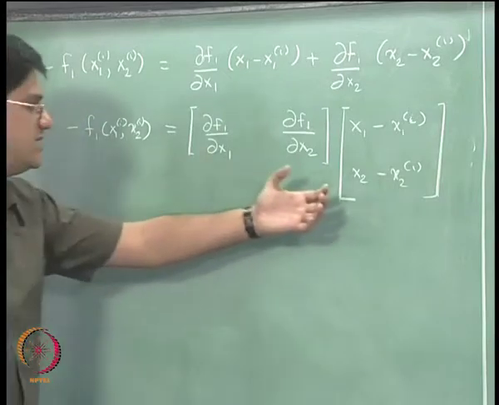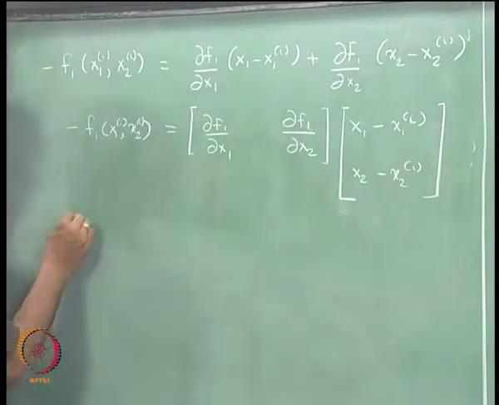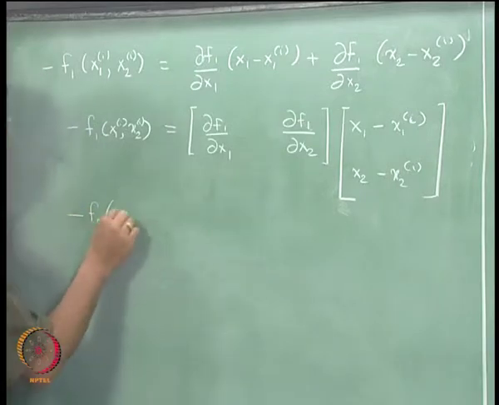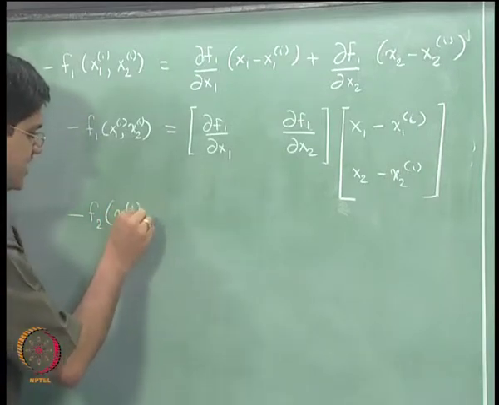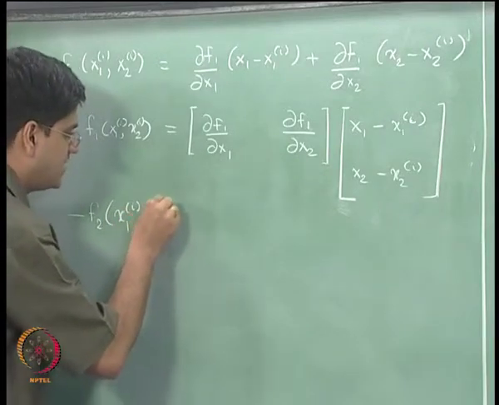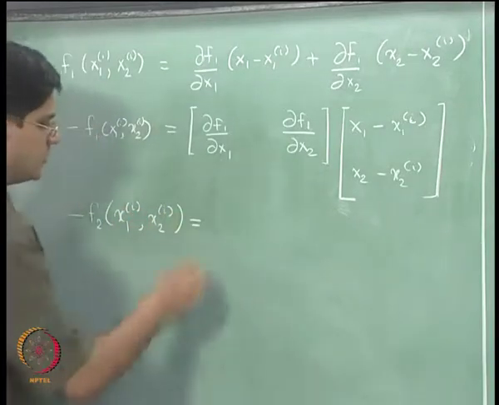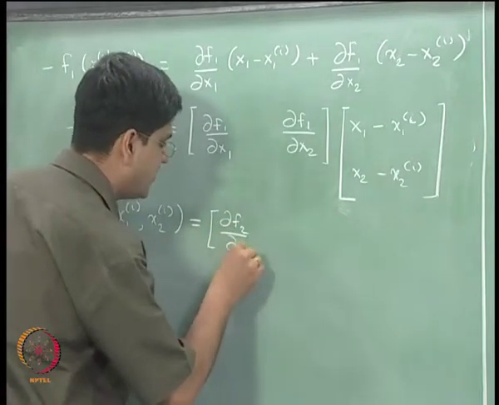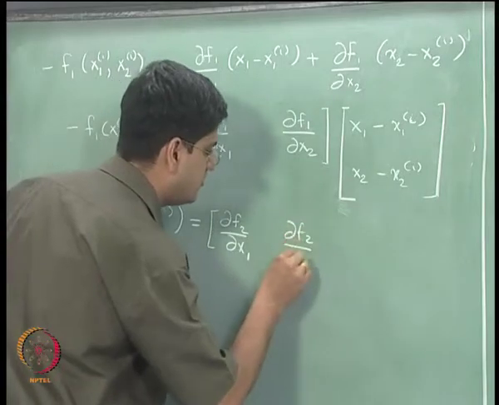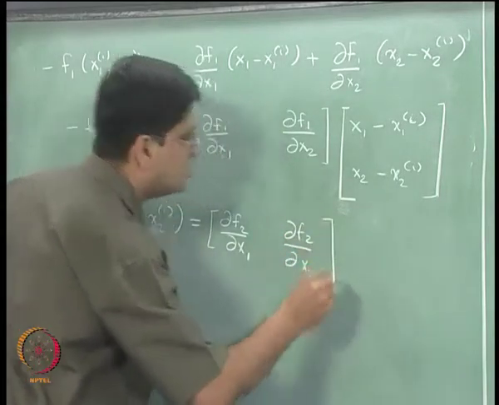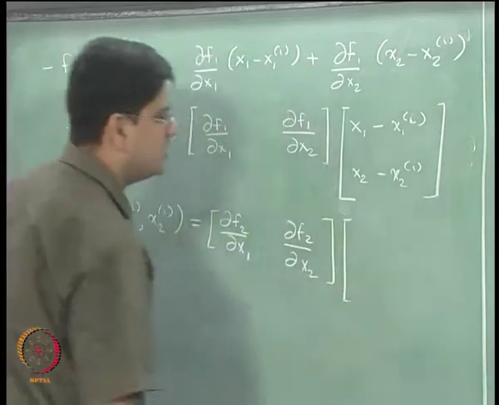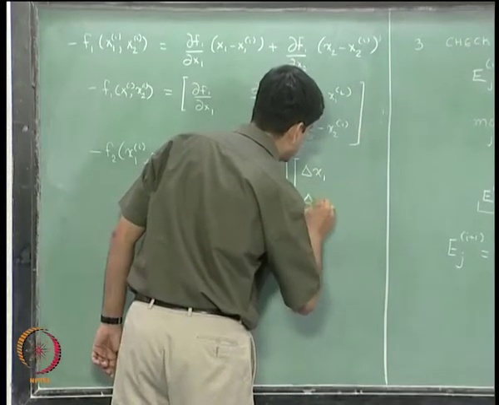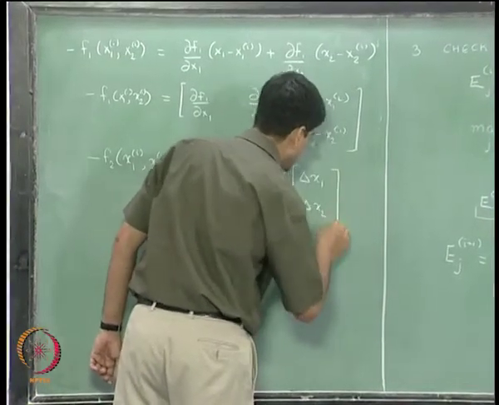Likewise, we will be able to write this for f2 as well, and for f2, f2 computed at x1I and x2I is going to be equal to partial f2 by partial x1, partial f2 by partial x2 multiplied by, and again I am just going to be a little bit lazy and use a shorthand notation over here, and I will call this dx1 and dx2.